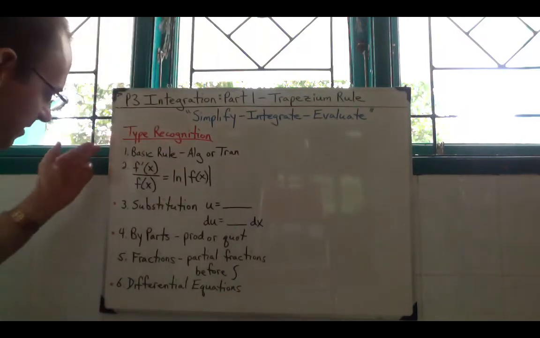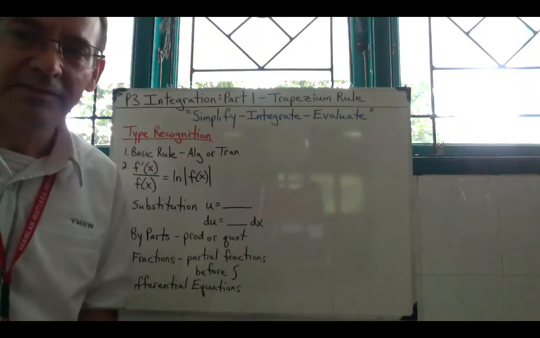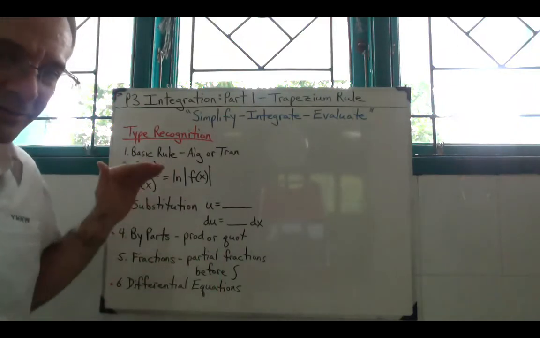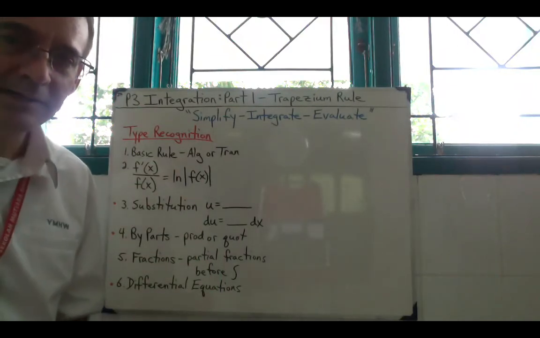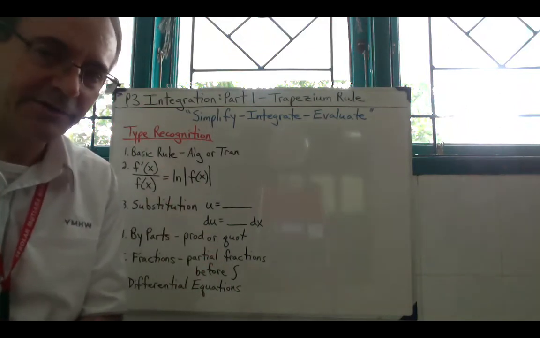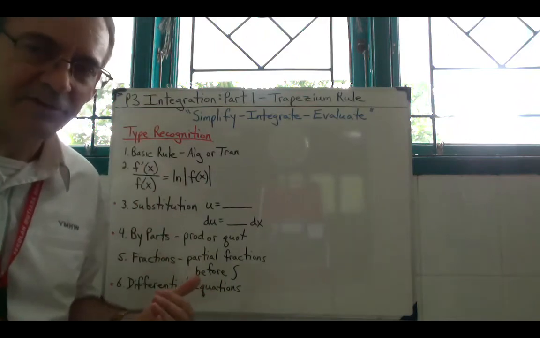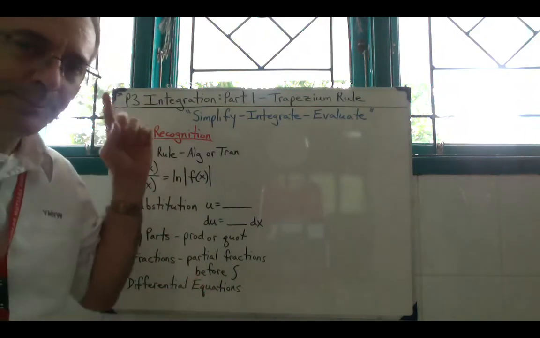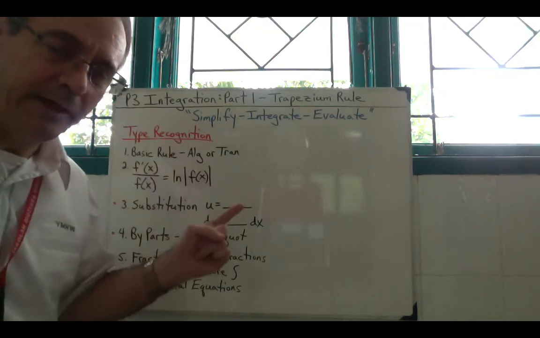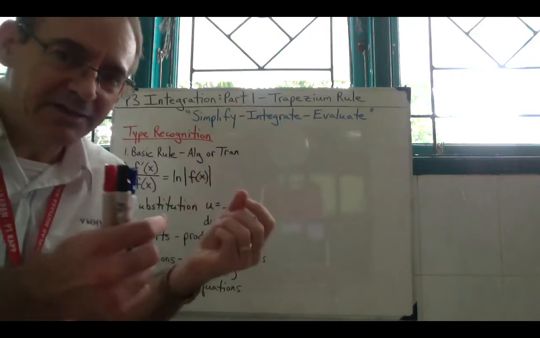So I've identified for us 6 types that you should look for. I know it's kind of a long list, but thankfully some of them are quite obvious and others are not. But these 6 things, you don't necessarily have to memorize them, but you should go through them over and over again as we go through these different videos.